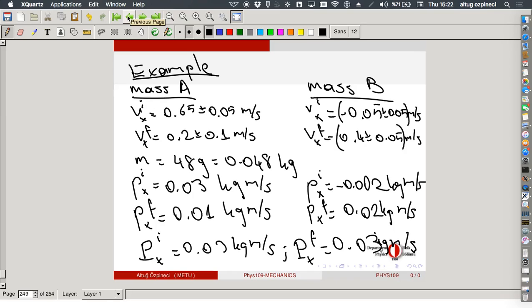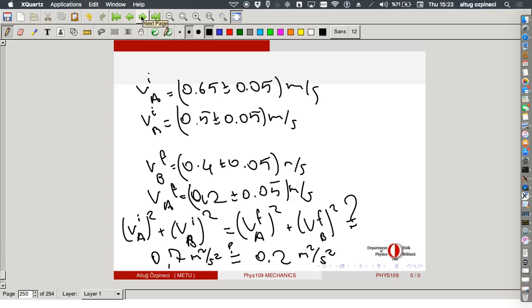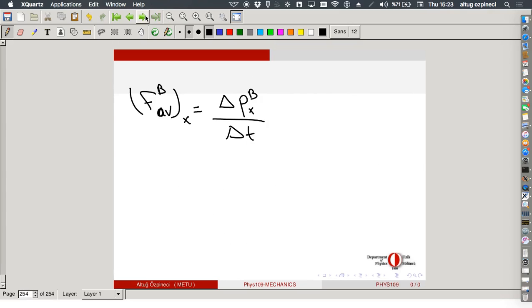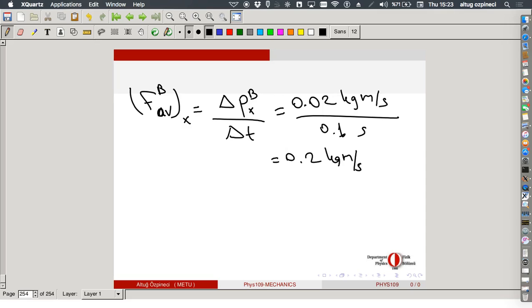This is the mass, this is the final momentum, this is the initial momentum. The initial momentum is almost zero, since it is moving almost vertically, so the x speed is almost zero. So the change is plus 0.02 kilogram meters per second. The collision time is again the same, just 0.1 seconds. So it is 0.2 kilogram meters per second squared, which is 0.2 newtons.